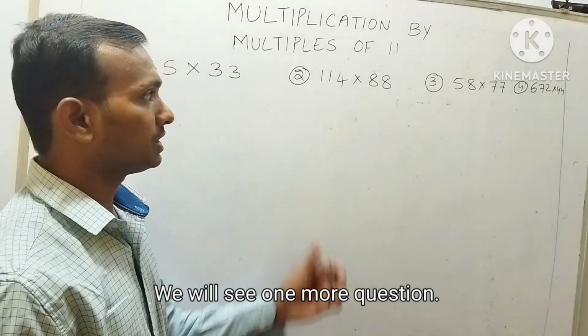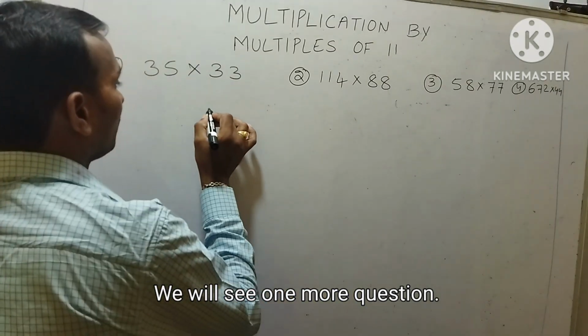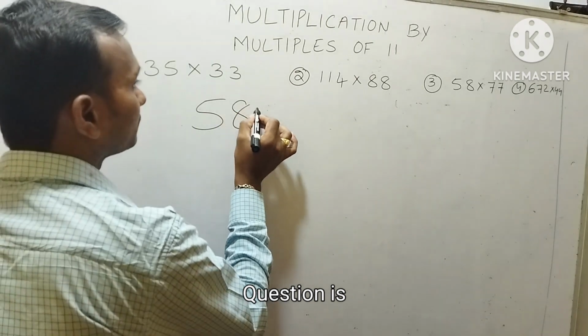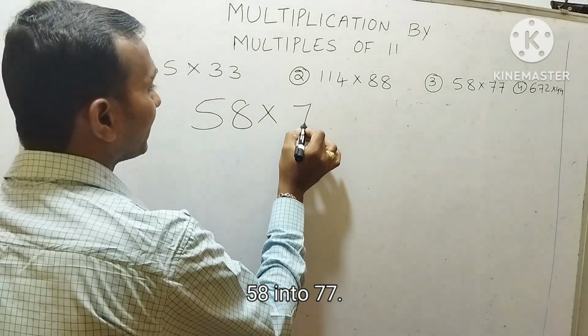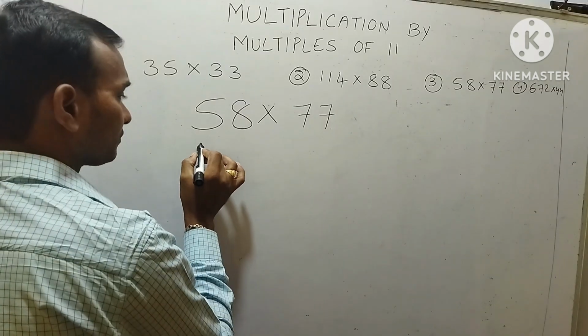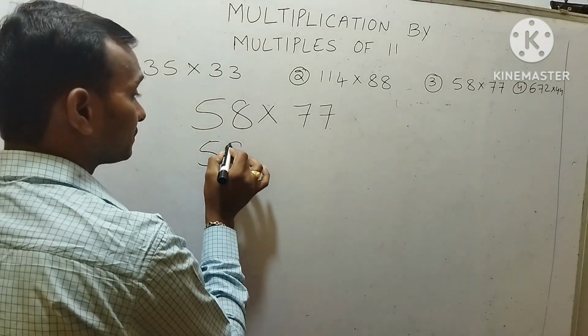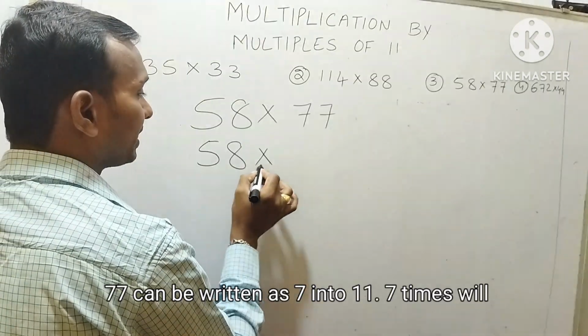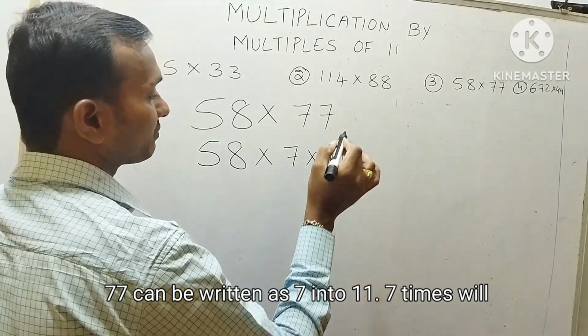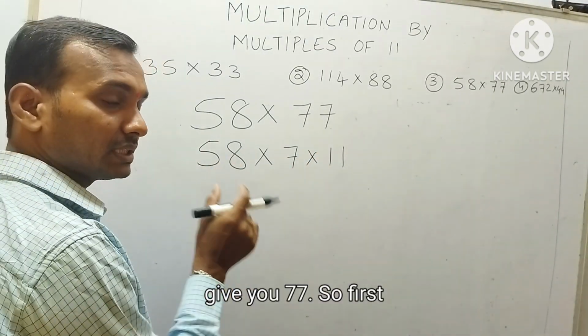We will see one more question. Question is 58 into 77. 77 can be written as 7 into 11. 7 elevens will give you 77.